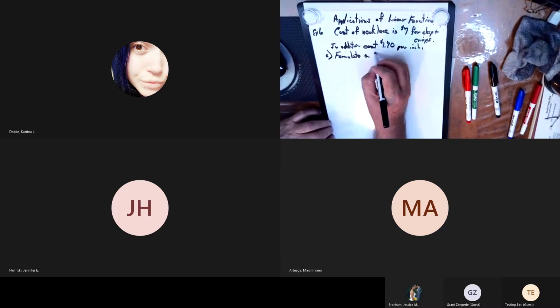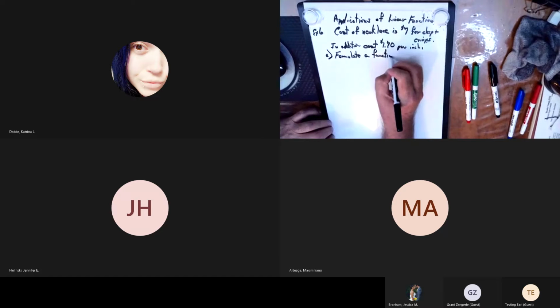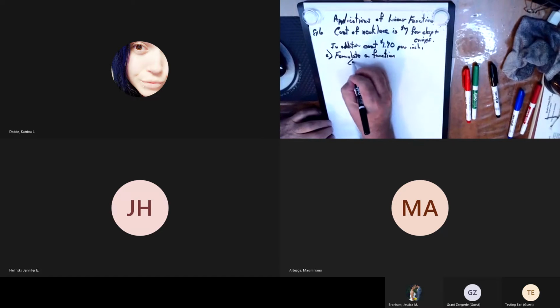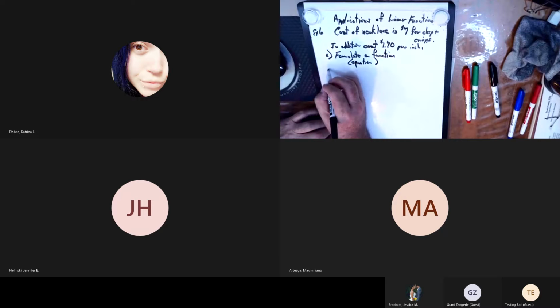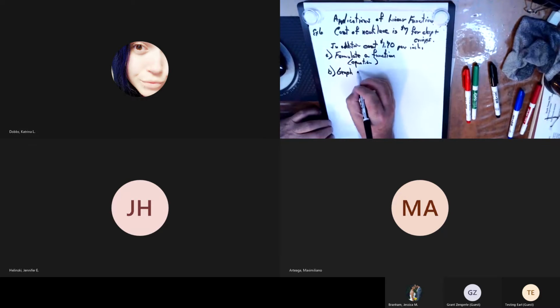That just means make the equation. Once you've got that, this particular question is asking you to graph it. Graph your model.